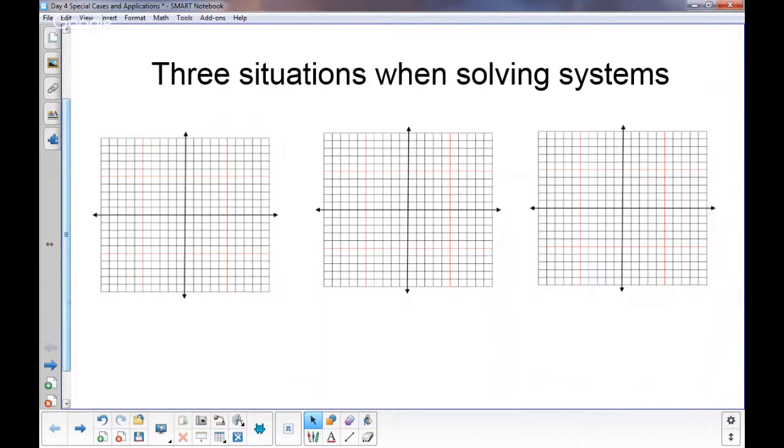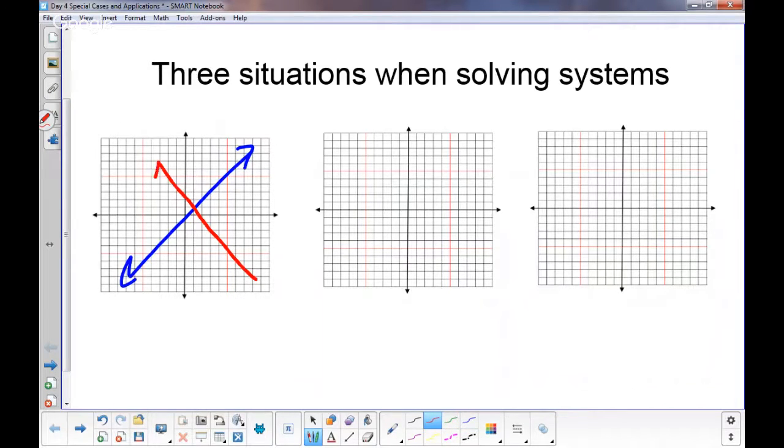Now, when we're graphing a system of equations, you end up with three types of outcomes. The first one we already know. You graph and you get two distinct lines, such as this one and one right here. And we look for that point of intersection, and we get a point. And that's our answer, in this case, 1.